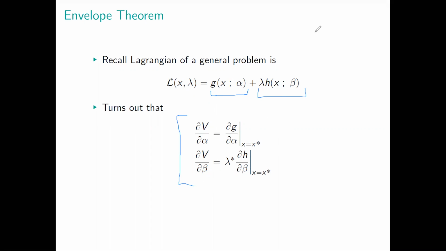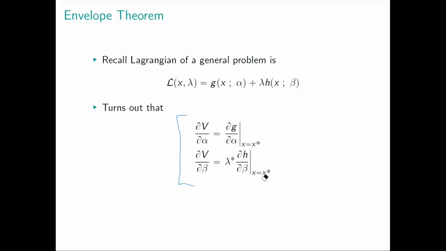So this is something that I really just want you to remember: if you're looking for changes in these value functions with respect to some parameter, you can just look at the direct changes, either immediately evaluated at the optimal solution, or the direct change scaled by the Lagrange multiplier, right?